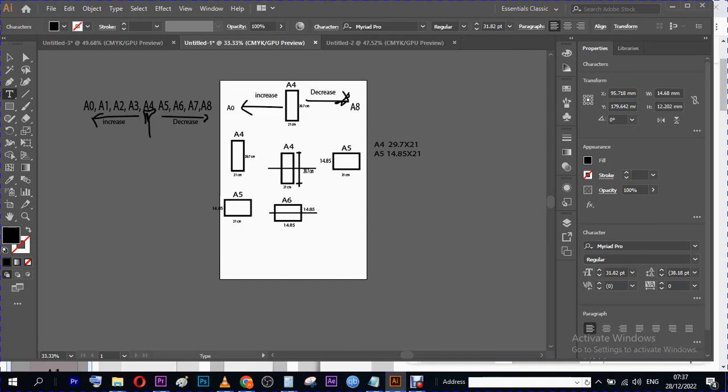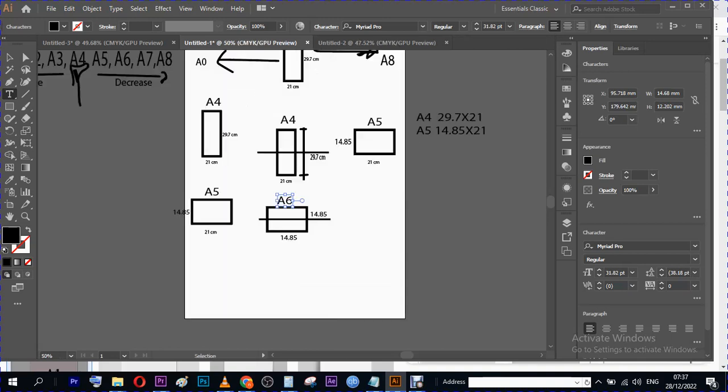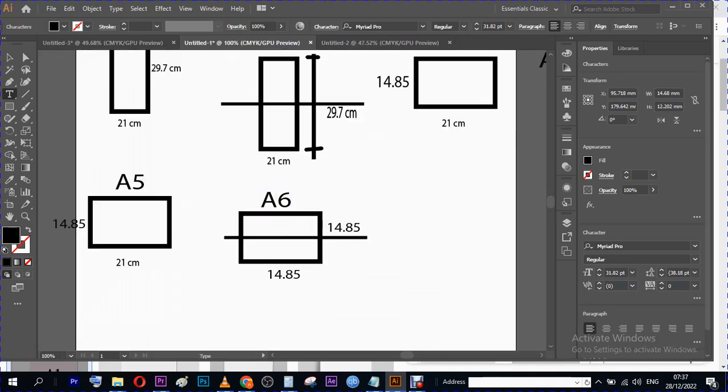So this is our A6, but this isn't the size. We are now going to be dividing, because this becomes our height.